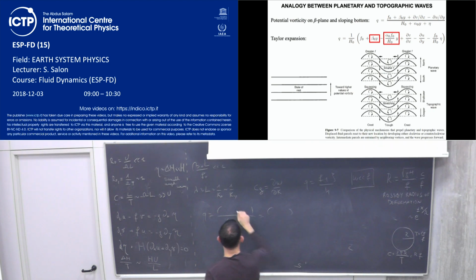So I can write A and B, so we'll have A and B to the -1. Okay?